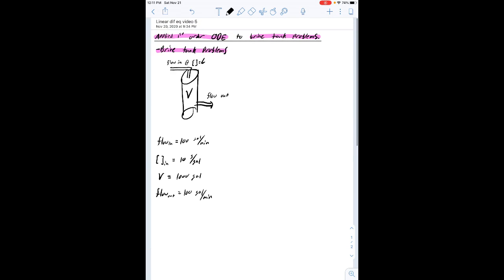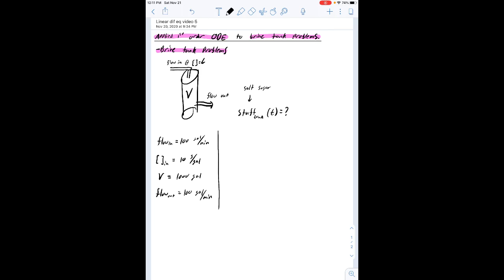Okay, so now we ask, how can we turn these into an equation that we can solve? We'll say that we want to find the stuff in the tank, which could be some salt or sugar, as a function of time. In order to solve this, we make a differential equation, and then we can just solve it.